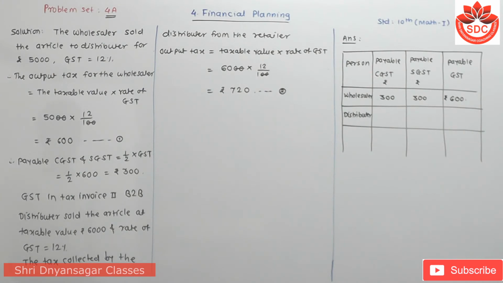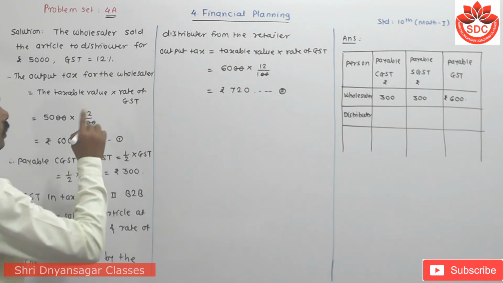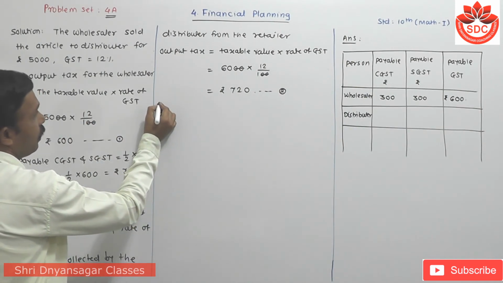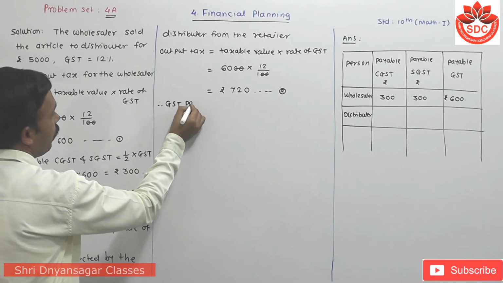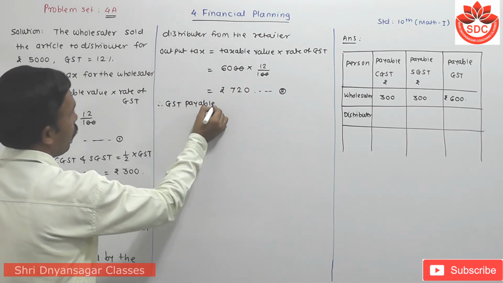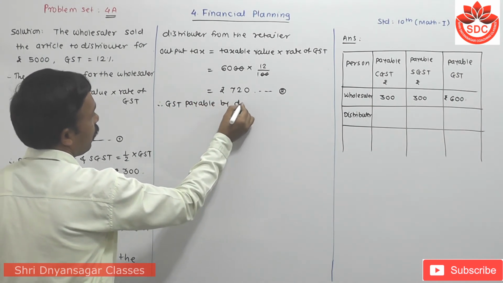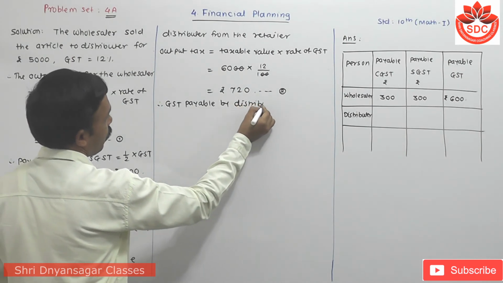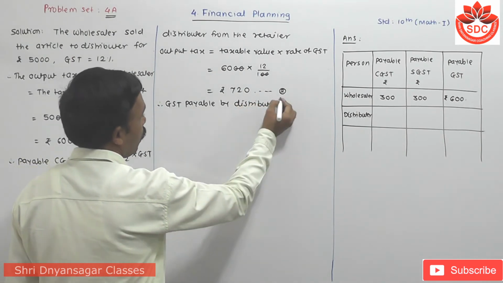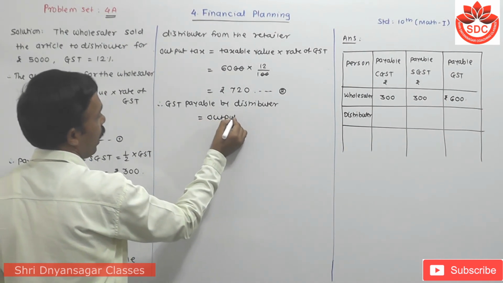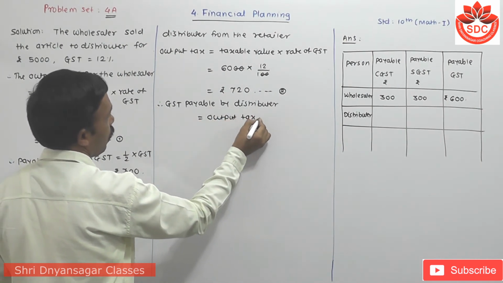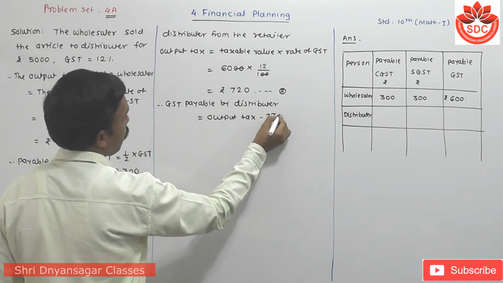Now students, we have to find out the GST payable by this distributor. Therefore, GST payable by the distributor is equal to, the formula is, output tax minus ITC.